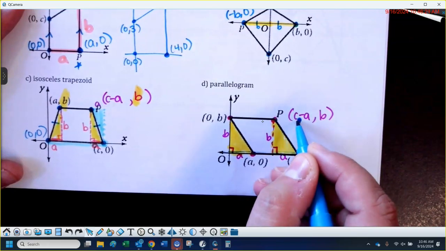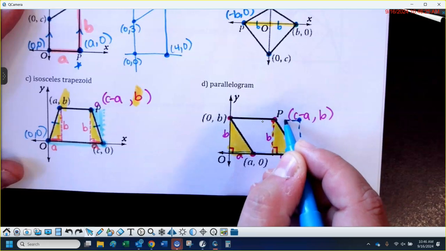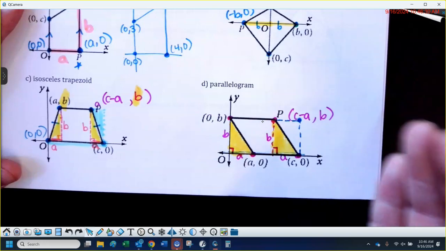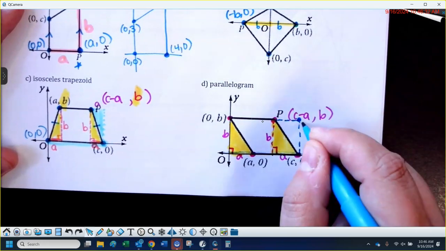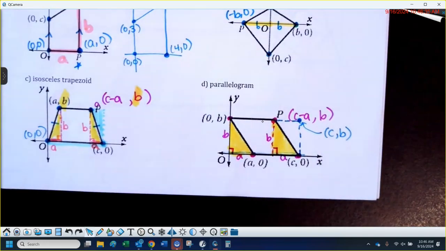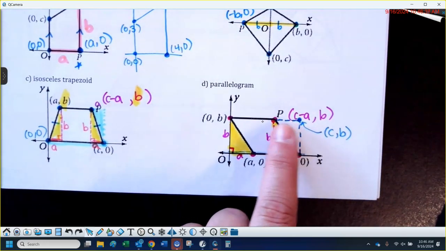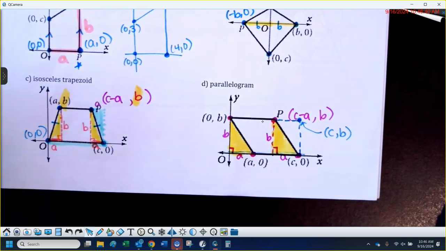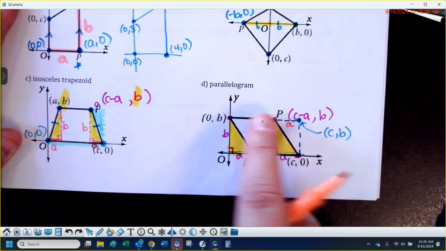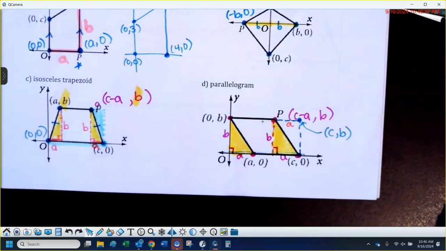If I'm trying to do this point, I have to go backwards to get to that for my x value. I know this is really weird. So that point that I just drew there would be the point C,B. If you have to back up this little distance here, this little bitty distance here would just be A, so that's why I'm subtracting it, because we're going back to the left that distance.